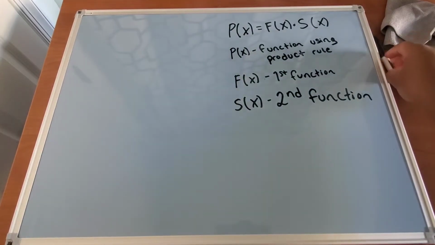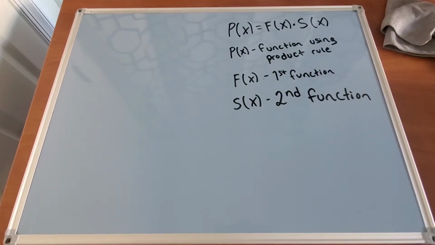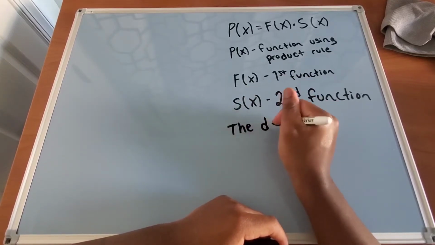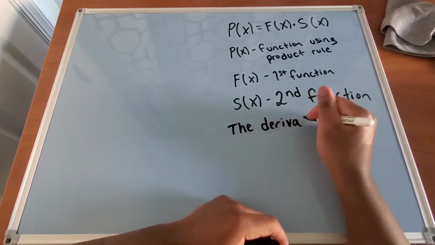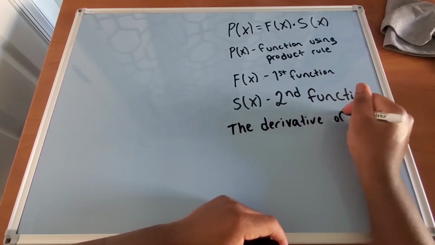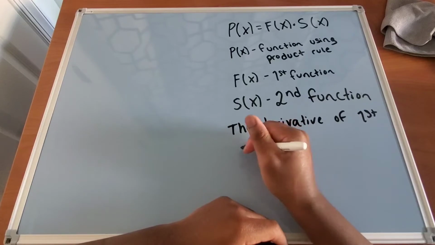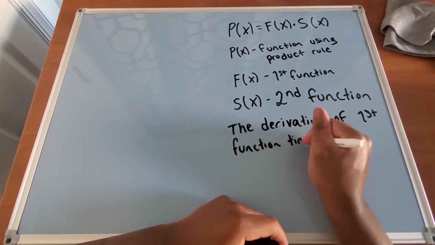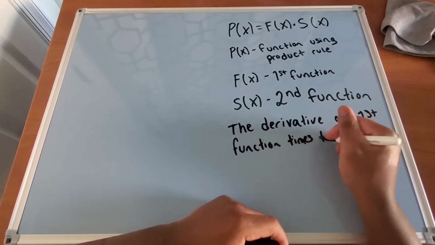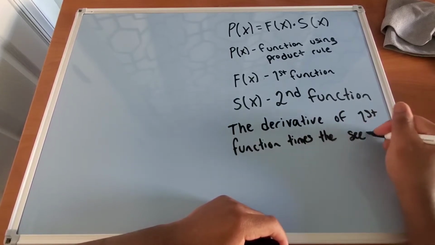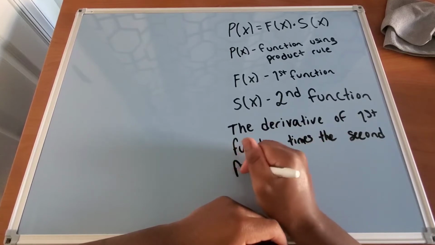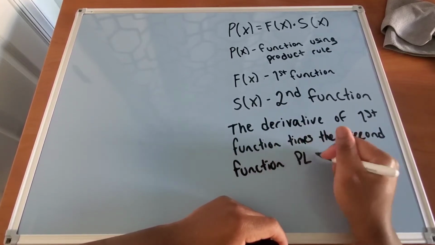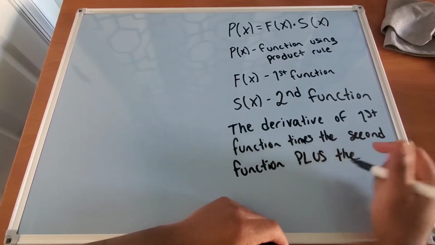So the definition of the product rule, if I were to write it in words, it would be the derivative of the first function times the second function plus the derivative of the second function times the first function.